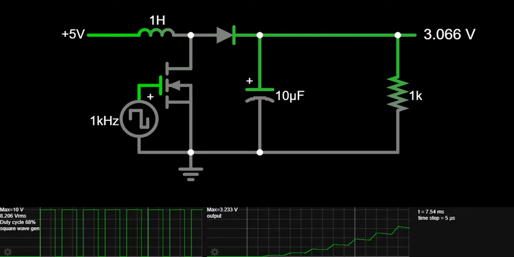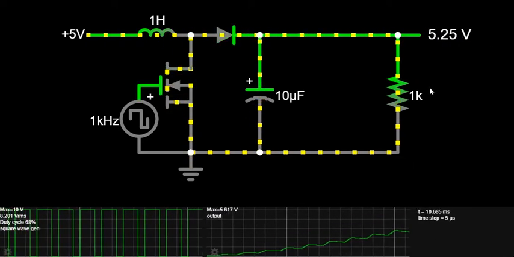In that condition current will flow like this and this. There will be no current in the MOSFET because the MOSFET is off, and we will get an output equal to 5 volt plus the inductor stored energy.